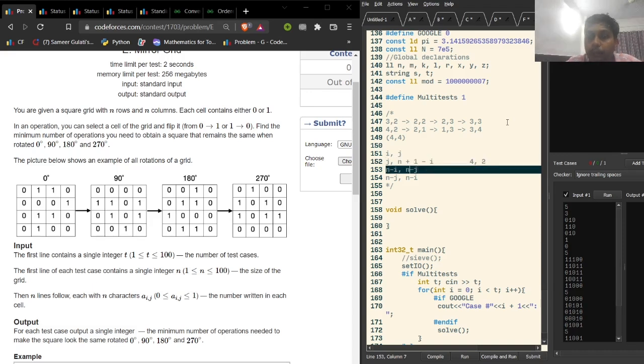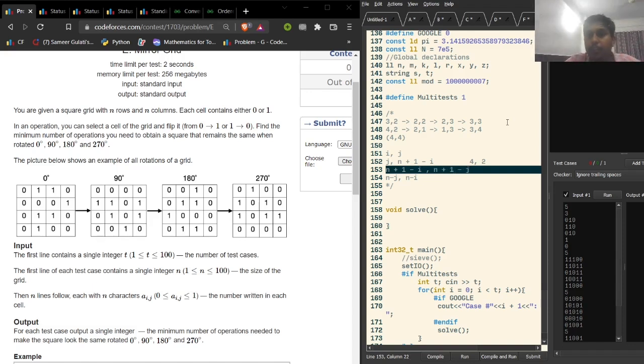Okay, the last term remains constant, so this guy remains constant, n plus 1 minus I, and it goes to 3. Okay, this term is just flipped. Okay, 2 comma 1, and 3. Okay, so yeah, this is n plus 1 minus.